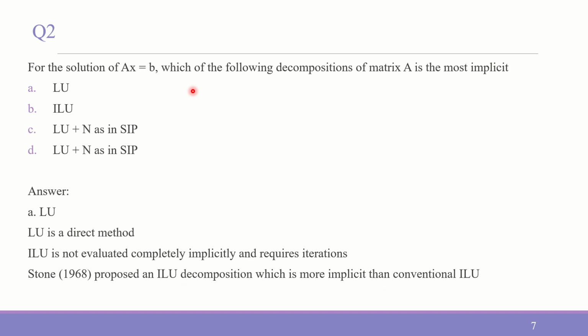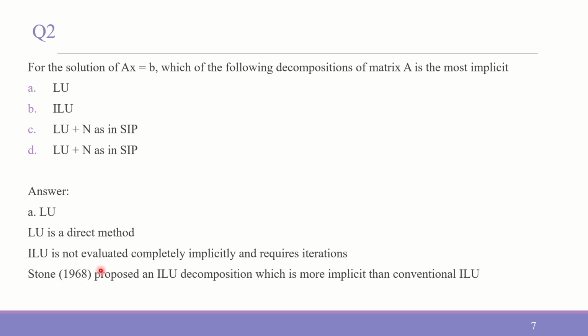So here we are having three methods: first one is LU, then ILU, and LU plus N, as in Stone's incomplete LU decomposition proposed in 1968. LU is the direct method, so it is the most implicit. Second one, ILU, incomplete LU decomposition, is not evaluated completely implicitly and it requires iterations. So ILU is not completely implicit as well.